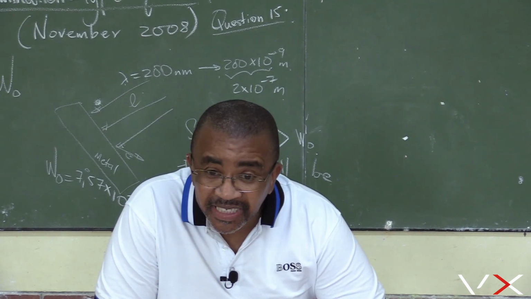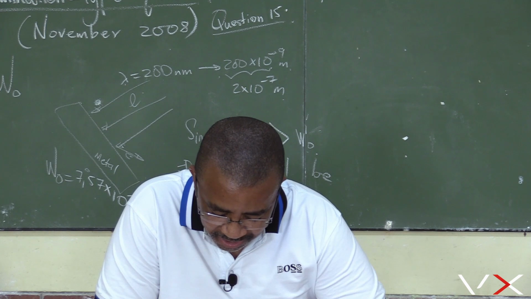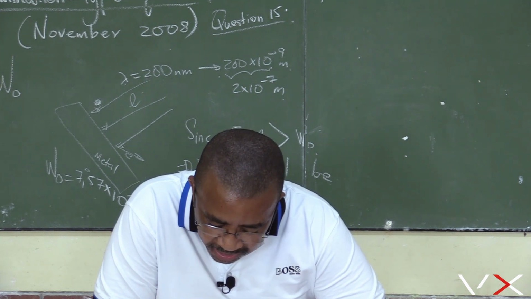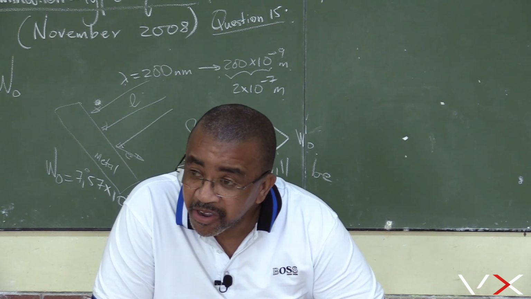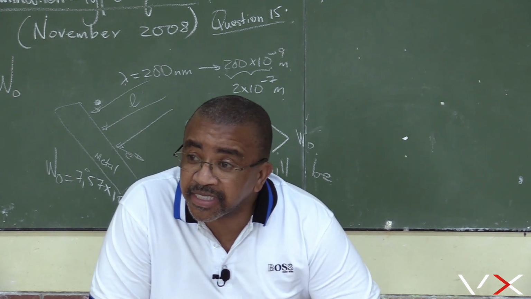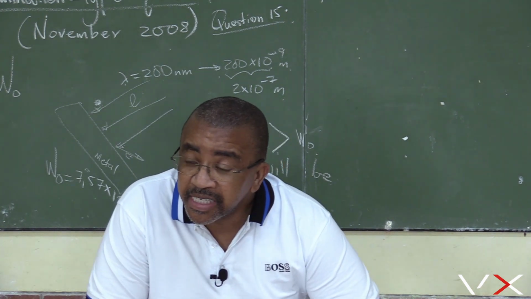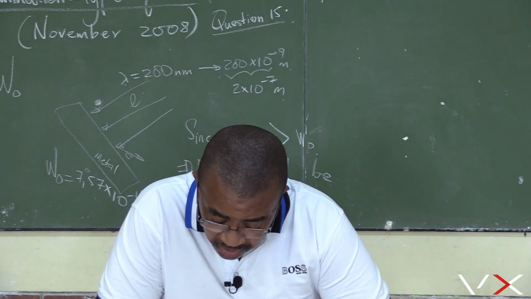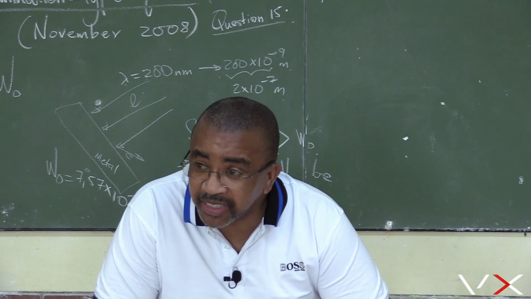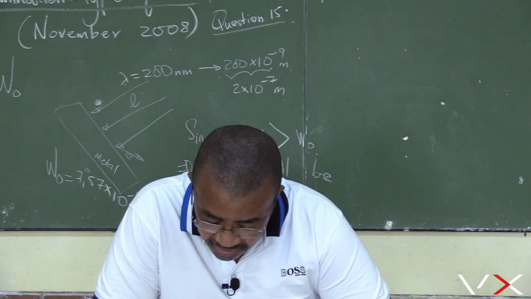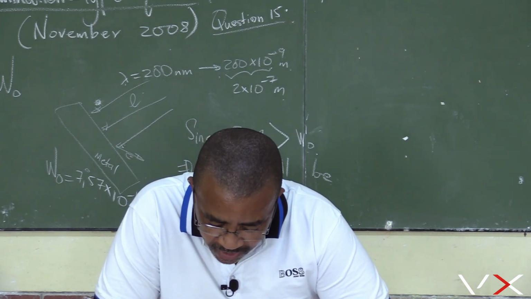Now the intensity question. The intensity of incident radiation on the metal plate is increased. When you increase the intensity, we increase the number of photoelectrons, while maintaining a constant wavelength. The wavelength is the same, so the energy is the same. State and explain what effect this change has on the following.